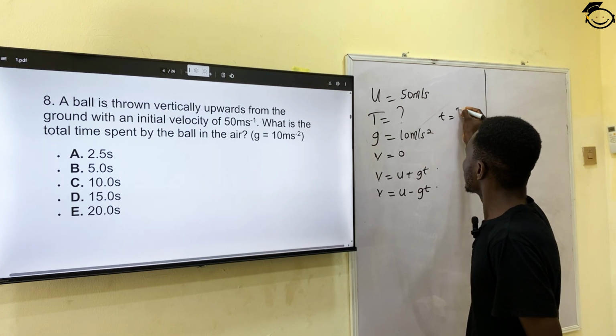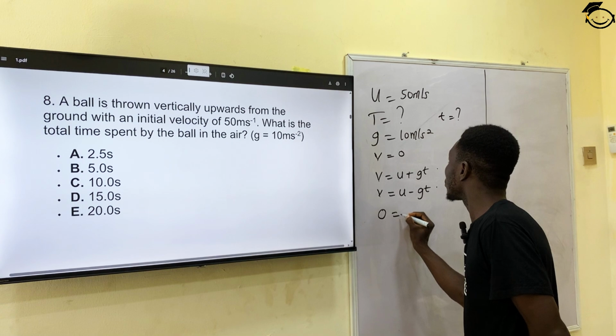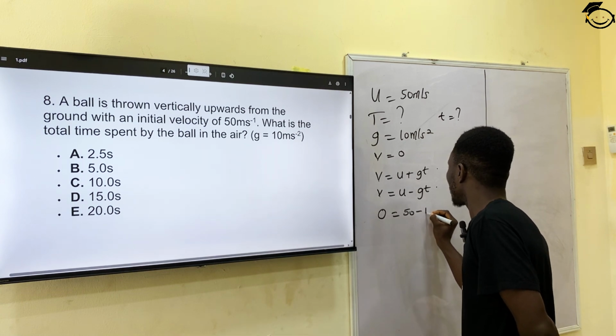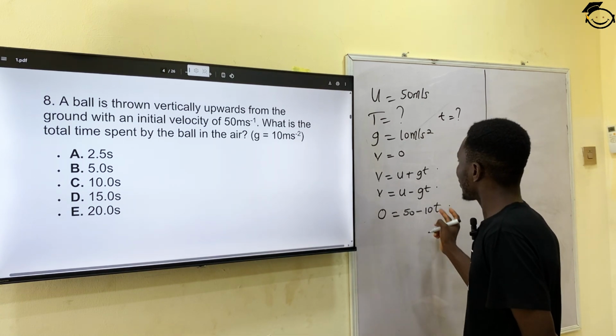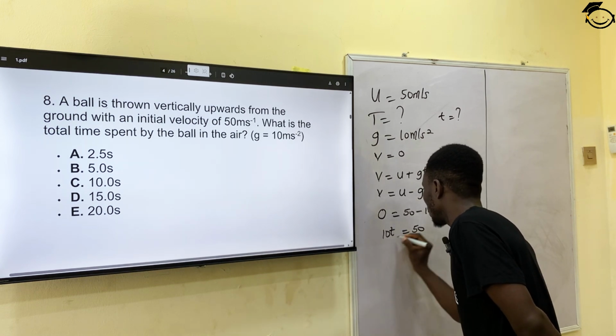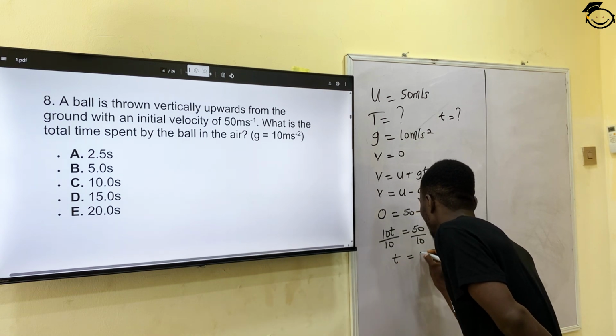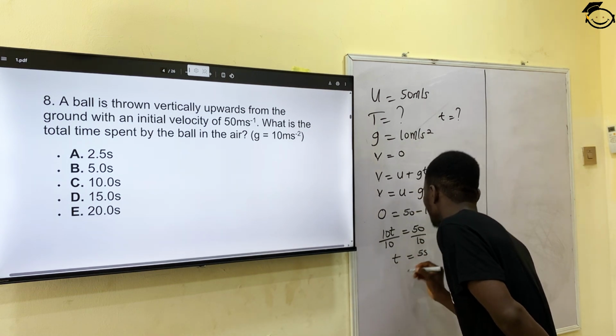T here is unknown, and our v is 0. So I have 0 = 50 - 10t. If I move this to the other side, I'll have 10t = 50. If I divide both sides by 10, my t is 5 seconds.